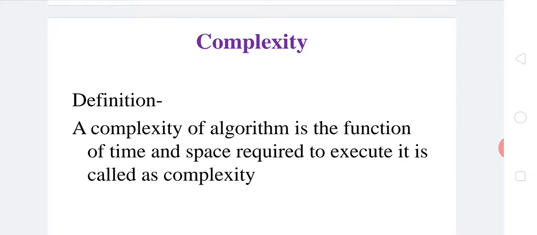Definition of complexity: the complexity of an algorithm is the function of time and space required to execute it. It is called complexity. It means how much time and how much space is required to execute a particular algorithm, which is calculated by the complexity.